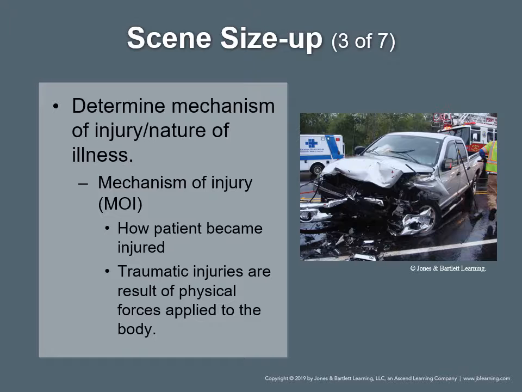Sometimes a medical issue caused the traumatic injury, like a seizure causing a fall, causing a head injury. So don't get focused in on one. Keep your mind open and your options open so you can determine with more information what's going on.